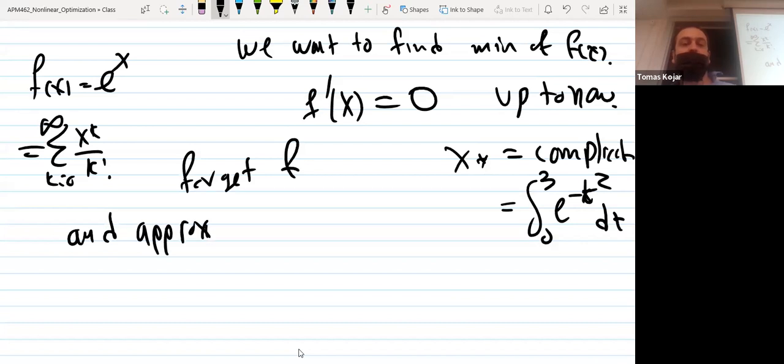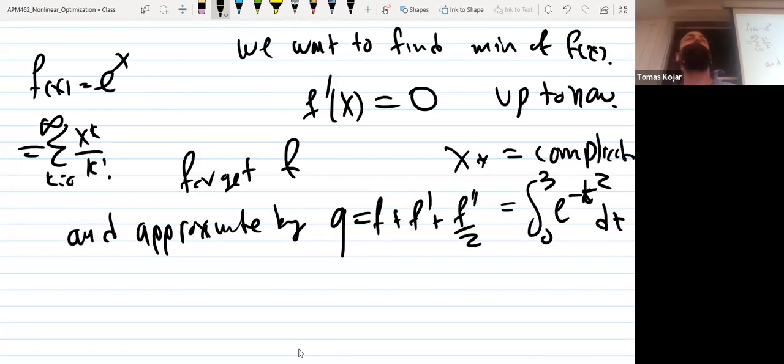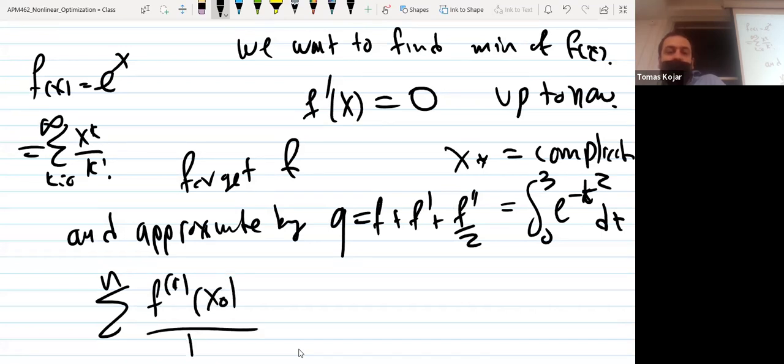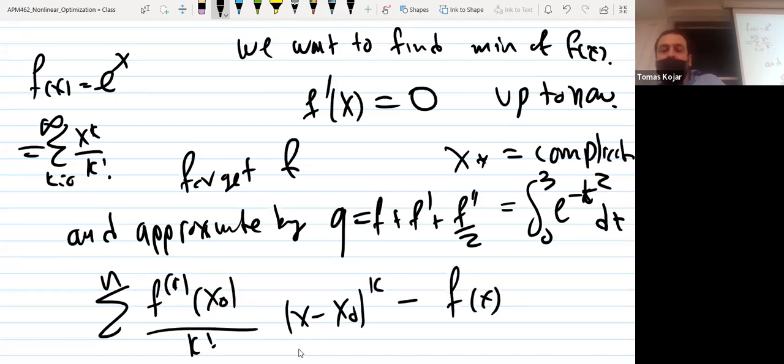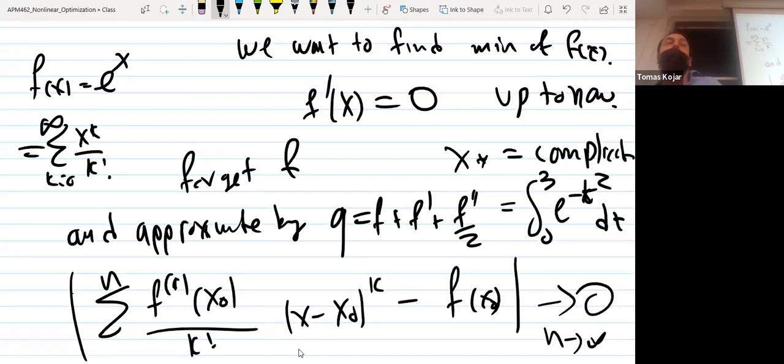So what we do is we say, okay, forget that and approximate it by Q. There's a result that says that the Taylor approximation of f minus f of x goes to 0. That's all they're using.